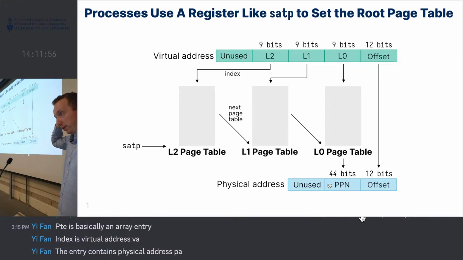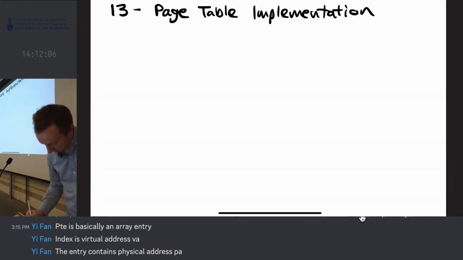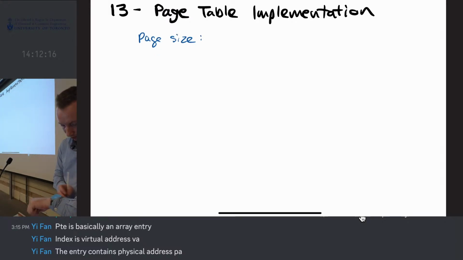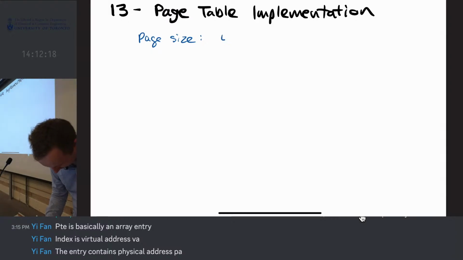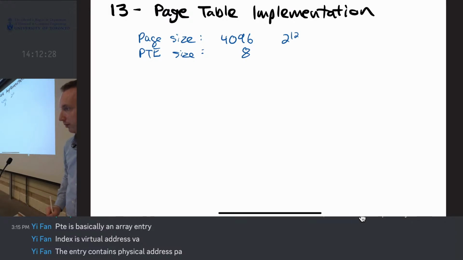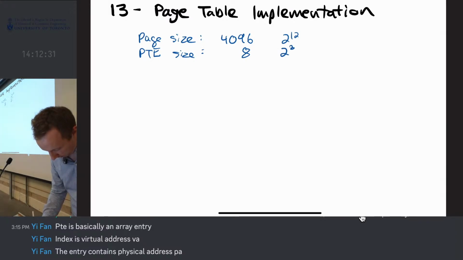Remember, it was because we wanted to make each of these page tables fit exactly on a page. So that's where we got that from. The page size was 4 kilobytes, so that's our default page size. So it was 4096, or 2 to the 12, and then our page table entry size was 8 bytes, or in other words, 2 to the 3.